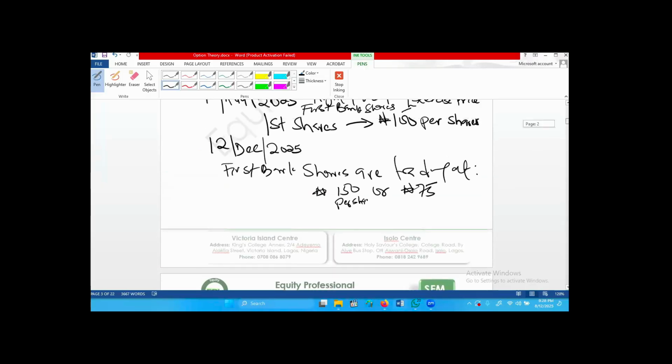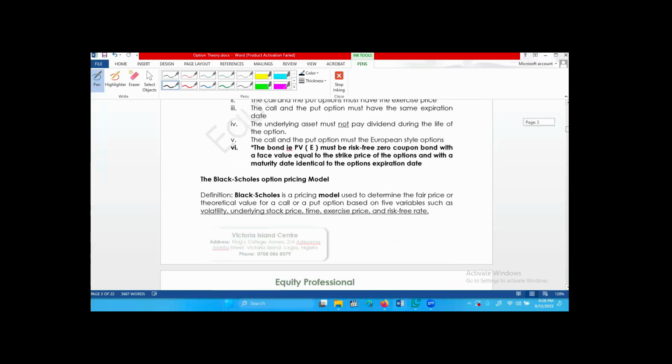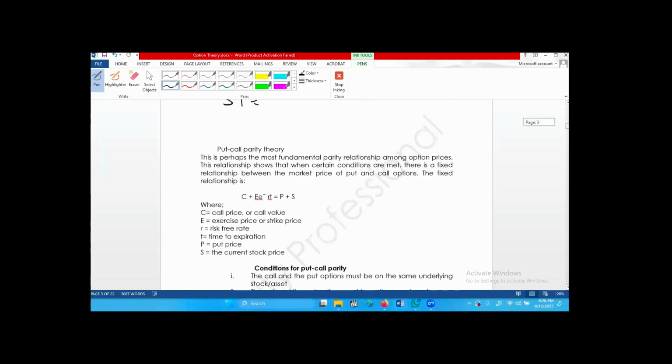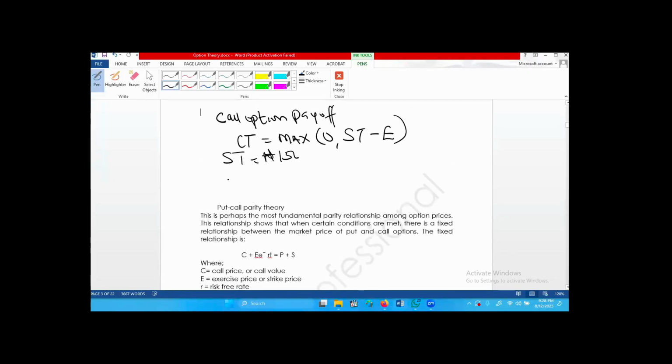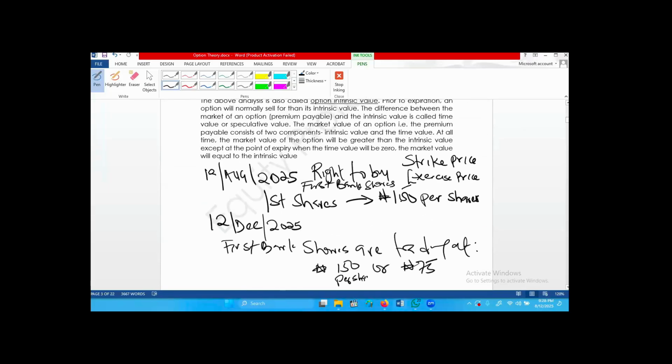Maturity is 12th of December. The asset is First Bank shares. At 12th December, First Bank shares is 150 naira at maturity. Your E, exercise price, is the price agreed now, 100.